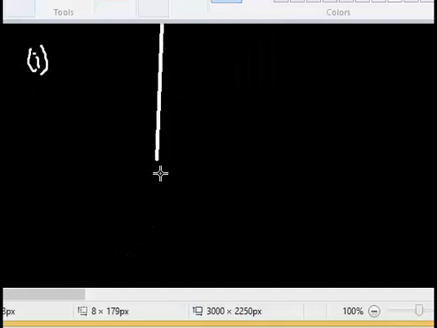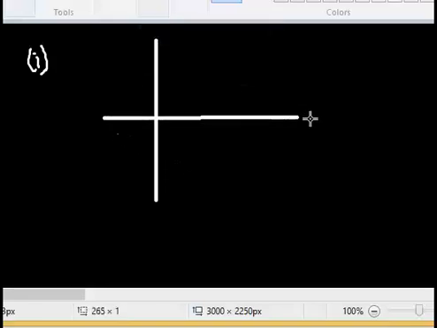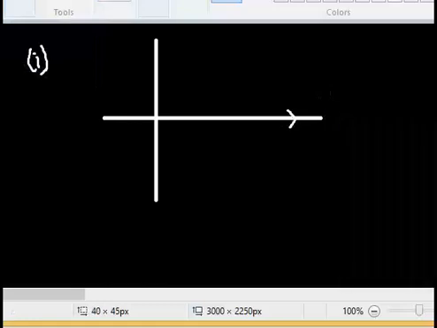Remember, first of all, for the resistor, the alternating voltage for the resistor is going to be VR.